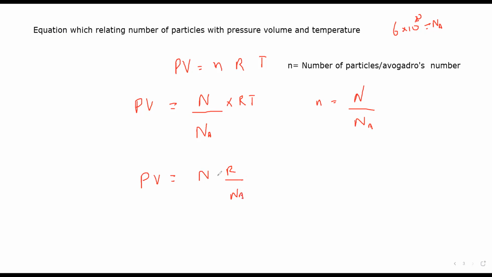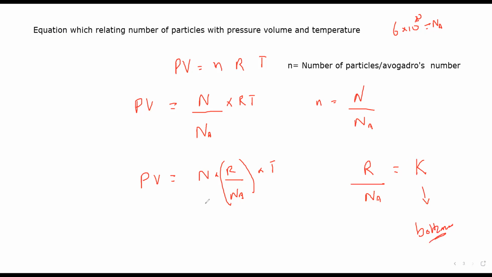I just moved this whole thing as a denominator, so R divided by Na. And what is R divided by Na? R is the general gas constant and Na is Avogadro's constant. When I divide the two constants, I get another constant which we call k, and that is known as the Boltzmann constant.